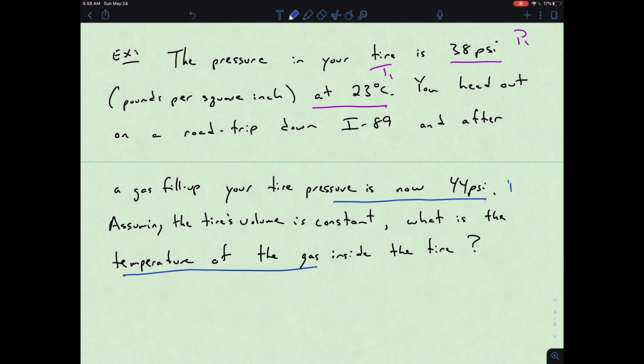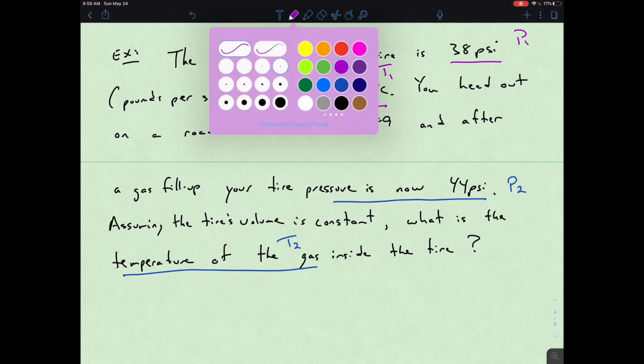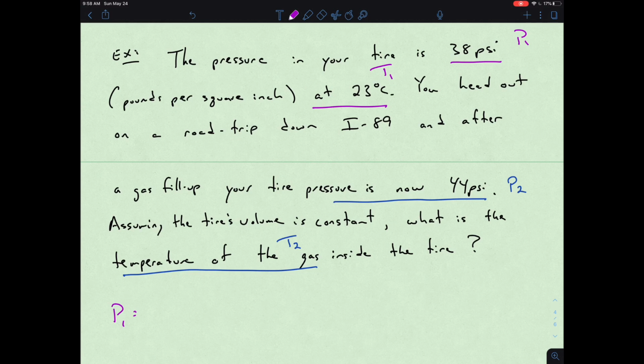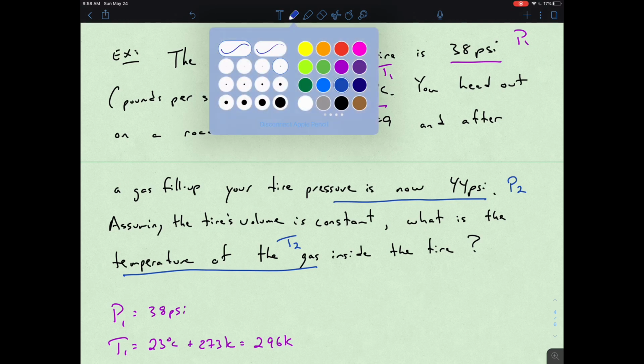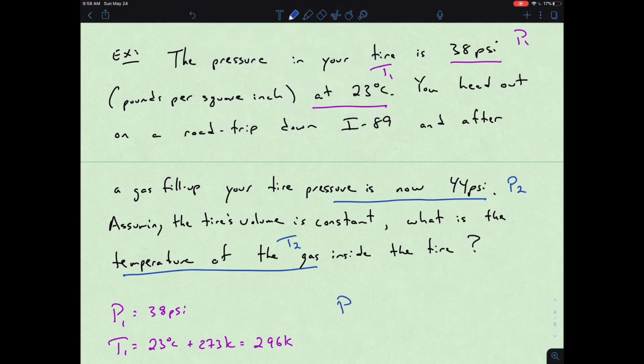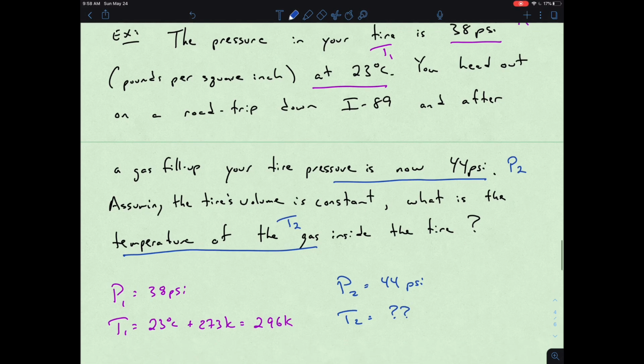So there would be our second pressure, and really what we're looking for is T2. So if we just organize that, notice I did a quick temperature conversion there. Our pressure 2 is 44 psi, and now we're looking for that temperature 2.